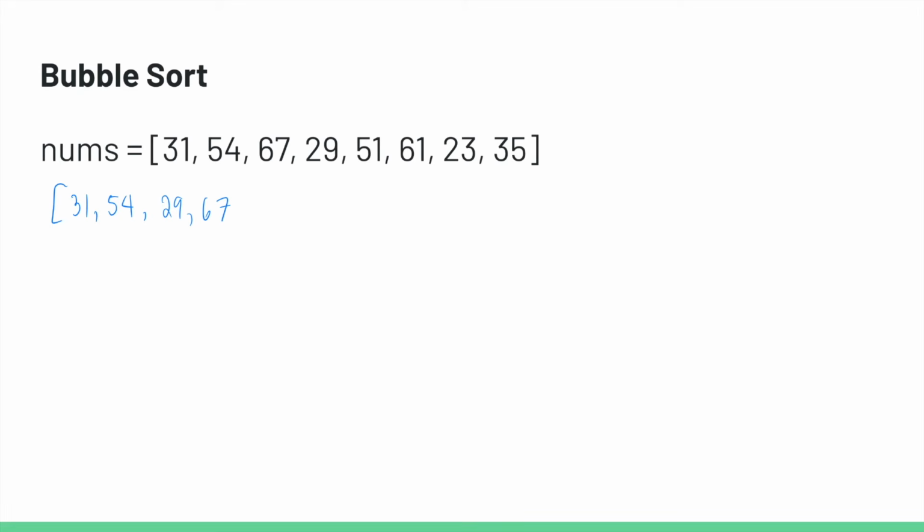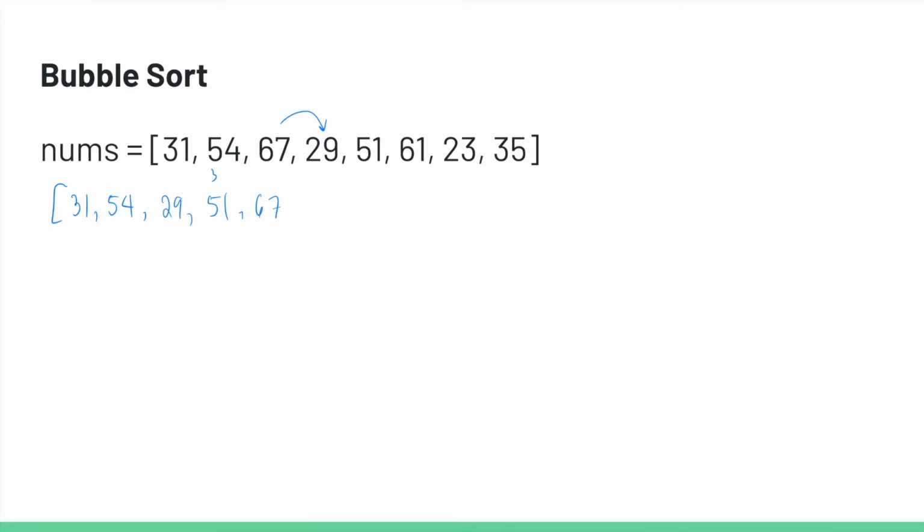Now we're at index 3. So after 67 will be 51. And 51 is less than 67. So basically 67 moved over here. So 51 is less than 67, so we're going to swap those. So this will become 51, and then we'll have 67.